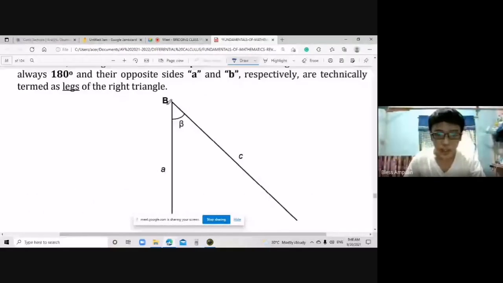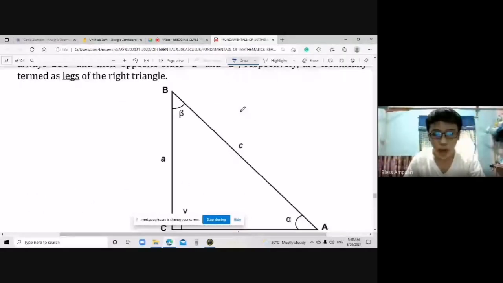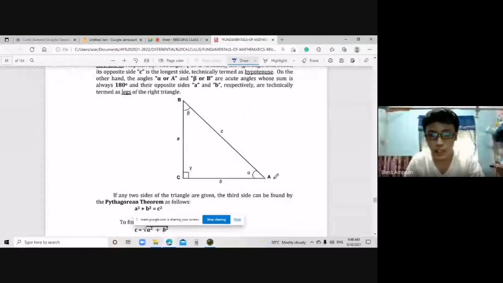If we have a right triangle ABC, as of this moment we cannot say which side is the opposite or the adjacent, but automatically we can say which is the hypotenuse, the longest side.